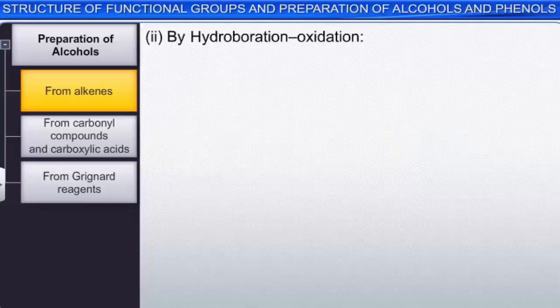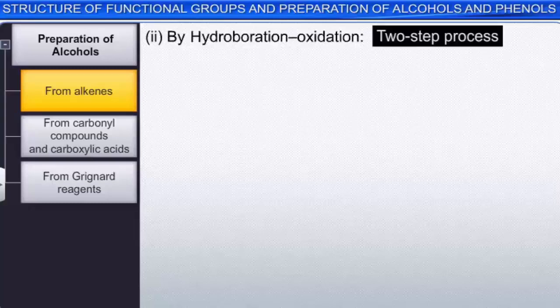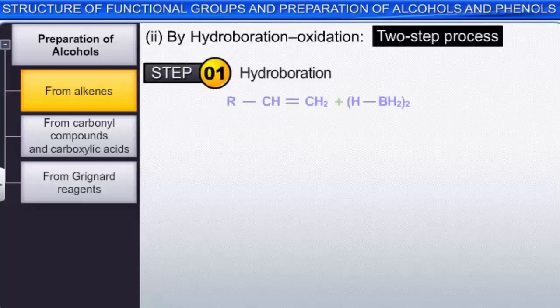A second synthetic route to prepare alcohols is by the hydroboration oxidation of alkenes. This can be summarized as a two-step process. First, the alkene reacts with diborane to form a trialkyl borane compound.